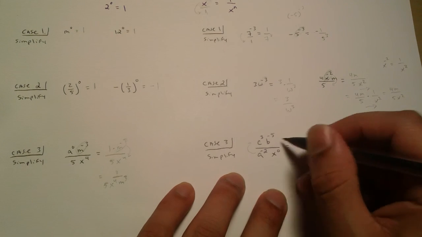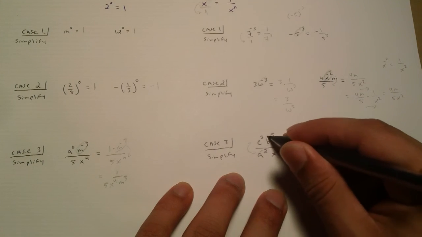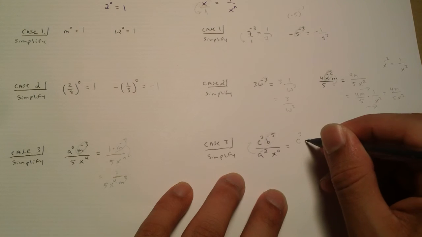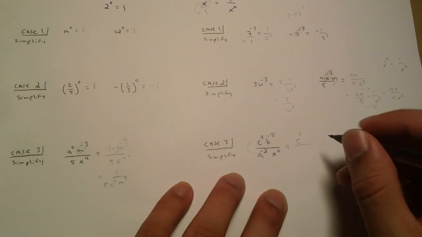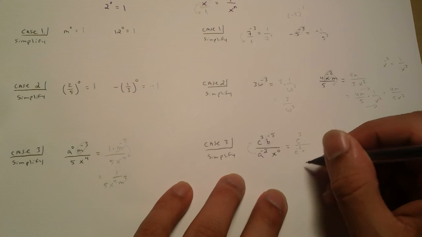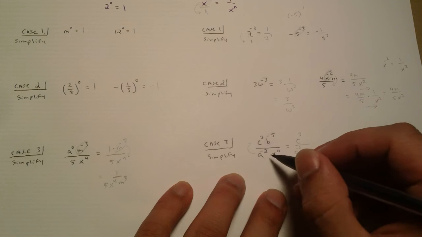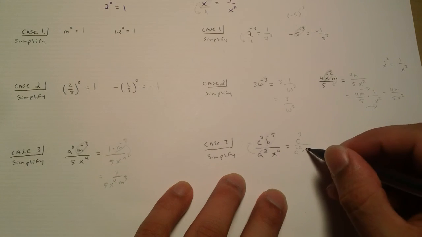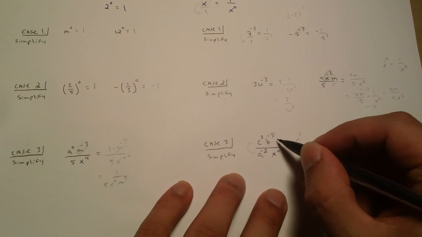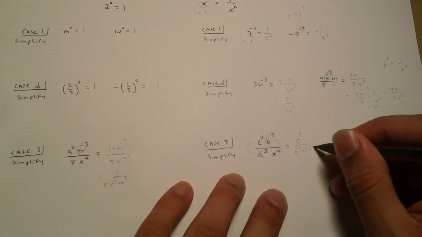So I'll just show you that right now. We have c. We're going to move this b, c to the 3 power, over a to the minus 2 times. And always remember to look for the zero exponent, which in this case will be 1 times. We move this b to the power negative 5 down, so we have b to the 5 power.